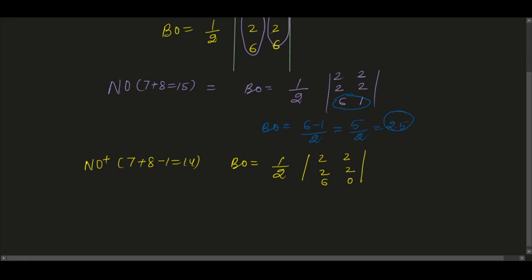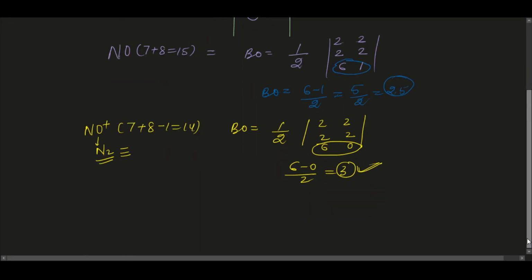So we have to stop here and find the difference in the number of electrons in the last row, that is (6 minus 0) by 2, equal to 3. And it is correct because we know that NO plus is equivalent to N2, and N2 contains a triple bond. So the bond order is 3.